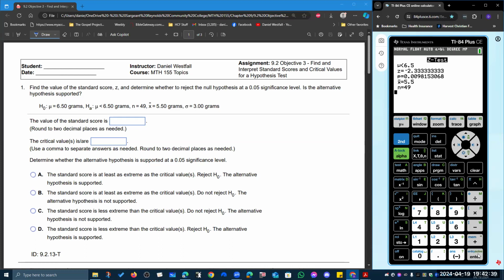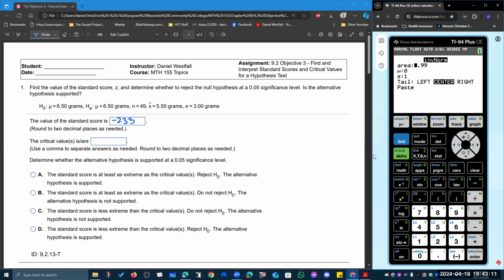So our Z-score right here is negative 2.33. And the critical value for an alpha of 0.05, let me just show you what that is. We're going to show you that one time. Second distribution, inverse normal.